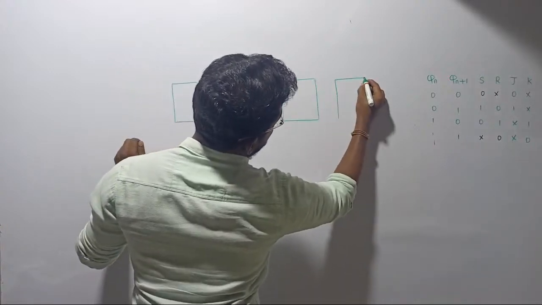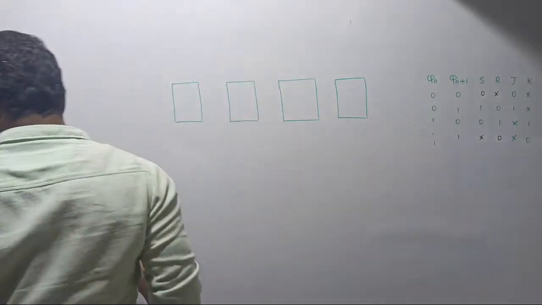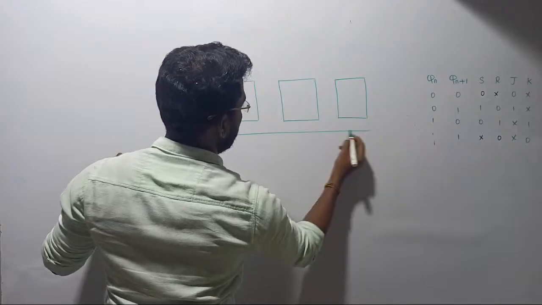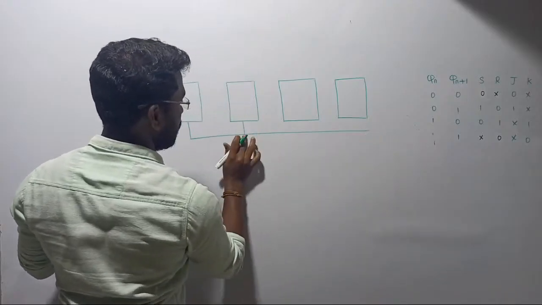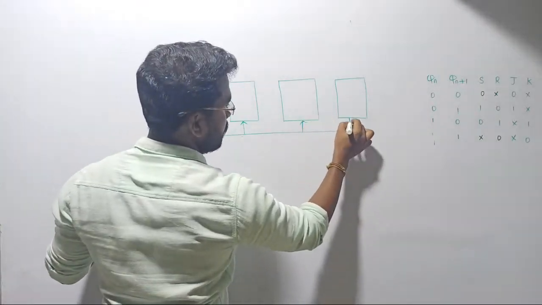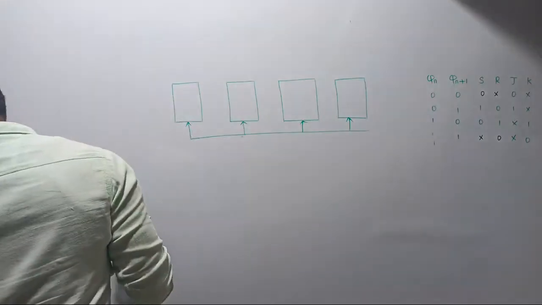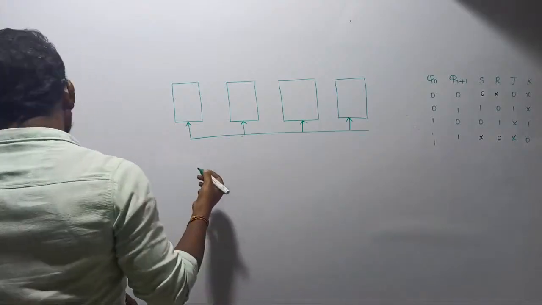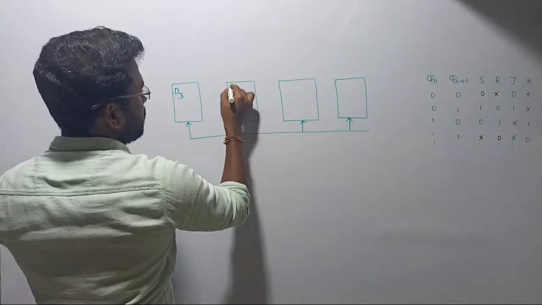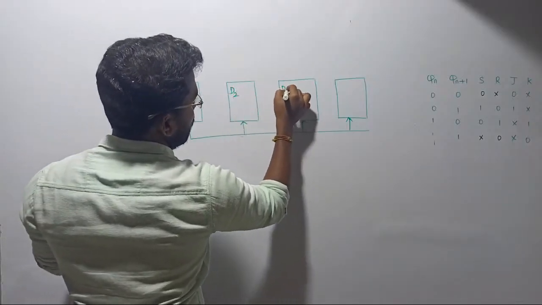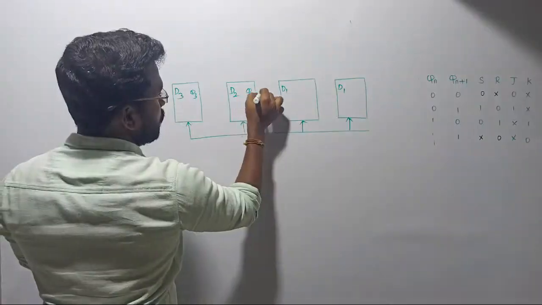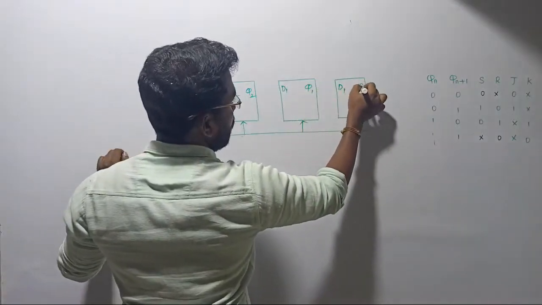So let us connect like this. These 4 flip-flops are synchronized together with a common clock. The inputs are D3, D2, D1, D0, and the outputs are Q3, Q2, Q1, Q0.